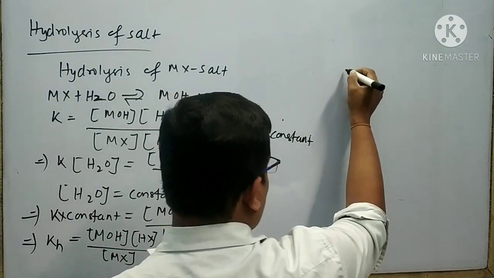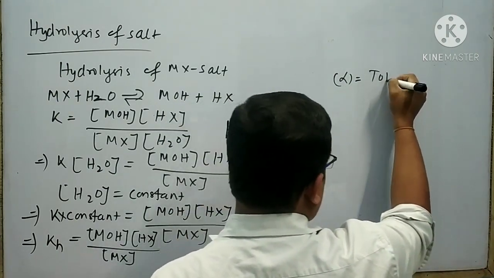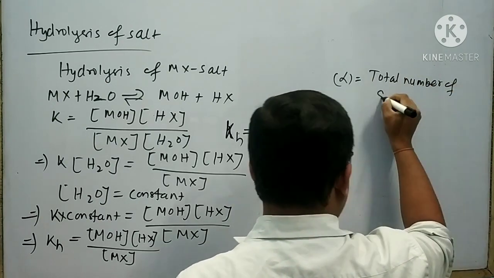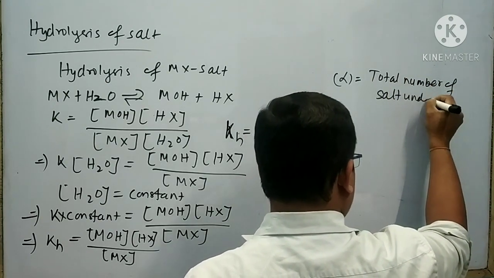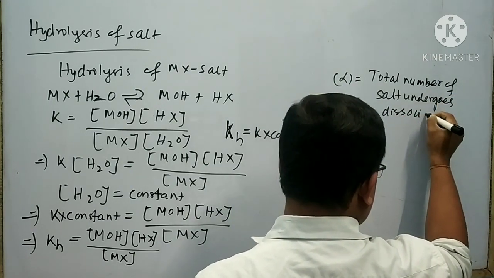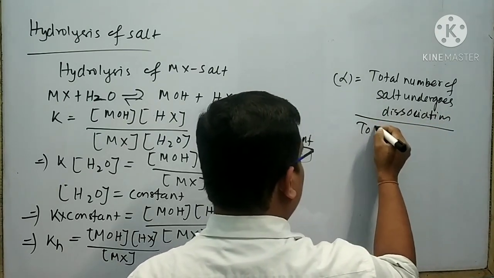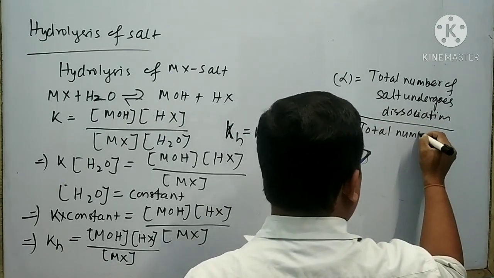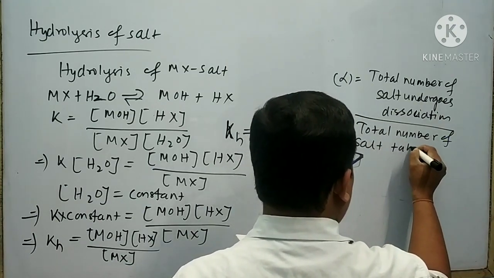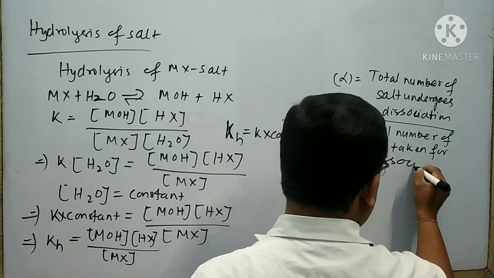We know that degree of ionization alpha is equal to total number of salt undergoing dissociation divided by total number of salt taken for dissociation.